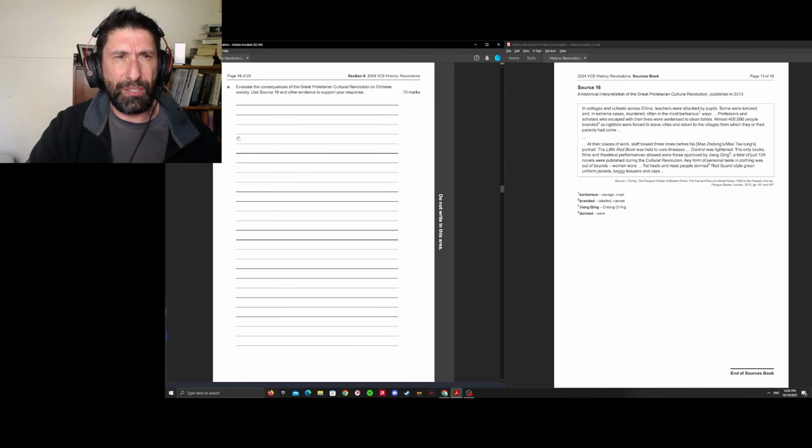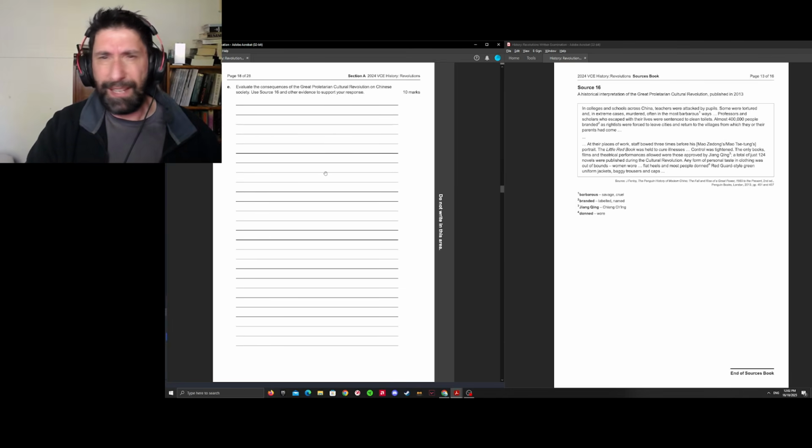You could refer to Nie Yuanzi, one of the early Red Guards from Beijing, an intellectual at Beijing University, who was a big promoter of the Cultural Revolution and attacked rightists.